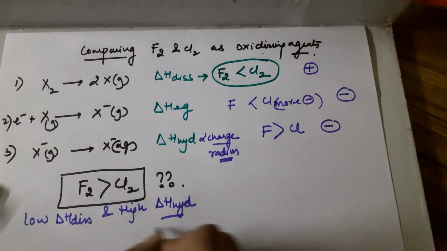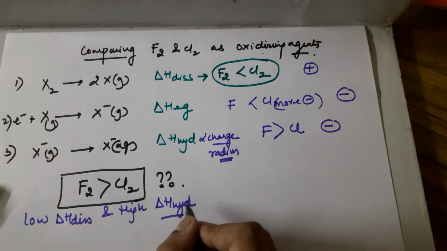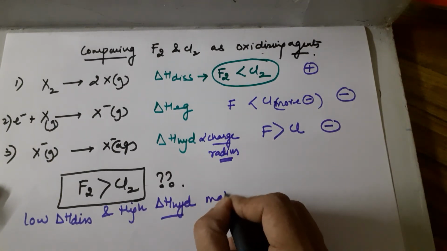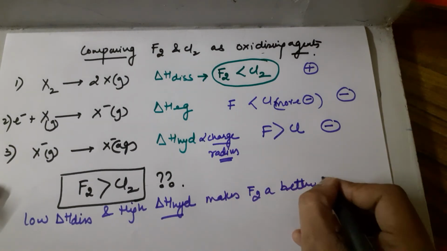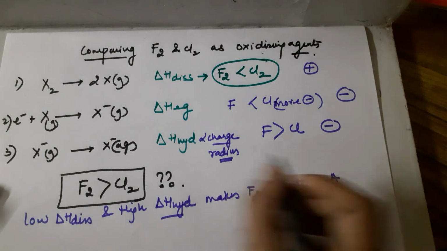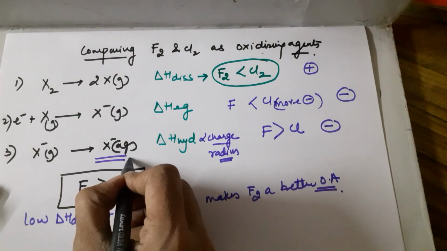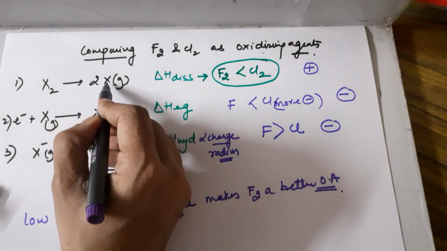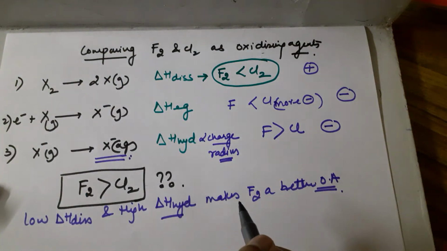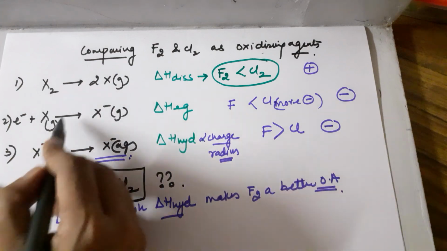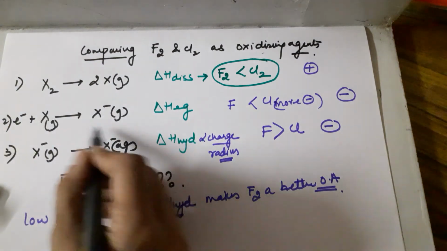So since there is a high hydration enthalpy, this leads to make F2 a better oxidizing agent, because all these reactions are bound to happen in water and they are applicable for single atom of halogen, not for the molecule. So F2 may say the first step is it will form an F, then it will gain an electron, and then this would happen in water.